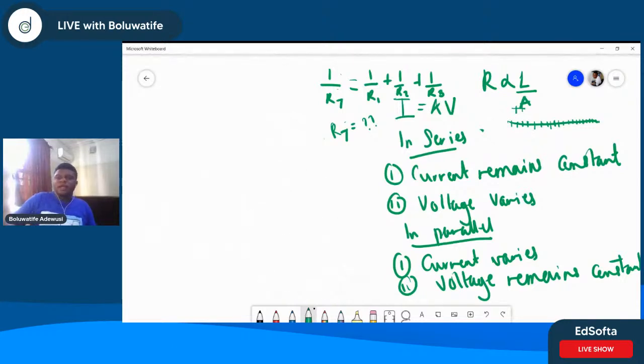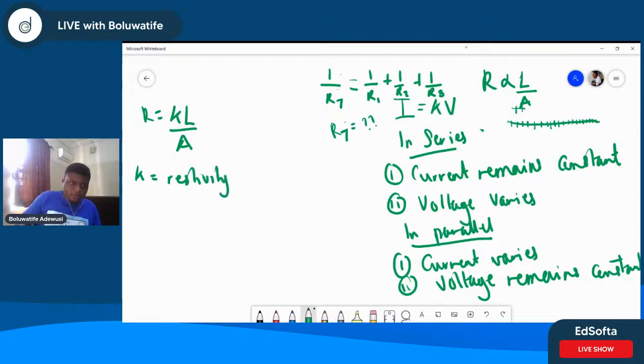Okay, so having said that, I remember in mathematics, if you are to remove the sign of proportionality, you have to introduce a constant. So what you have is R equals K L over A. Our constant here happens to be resistivity, and this is the sign of resistivity.